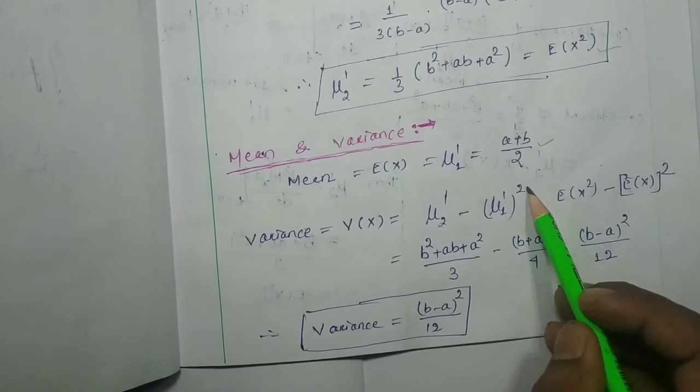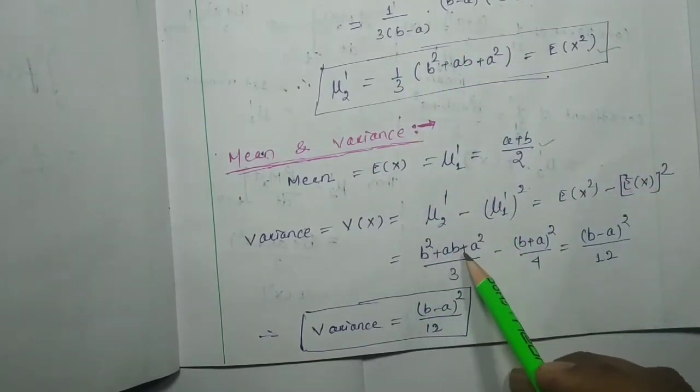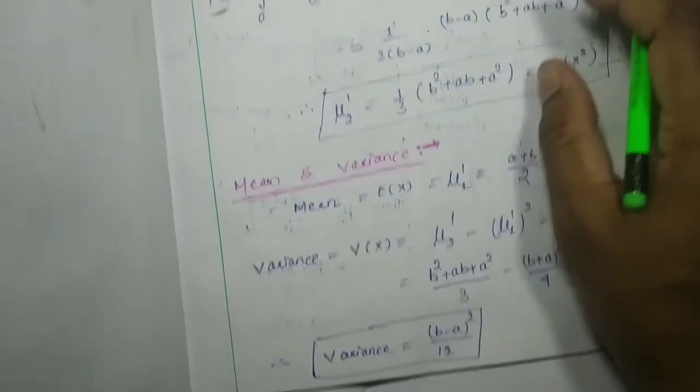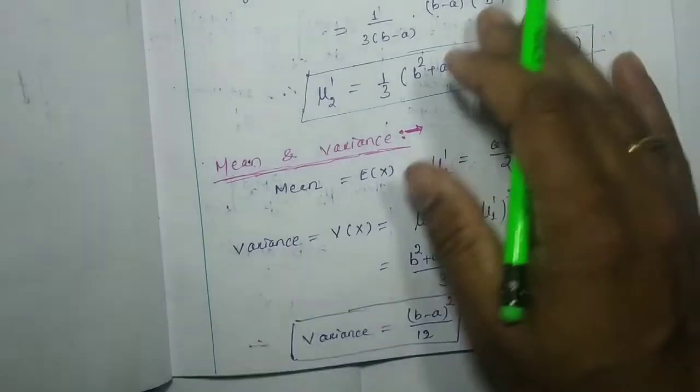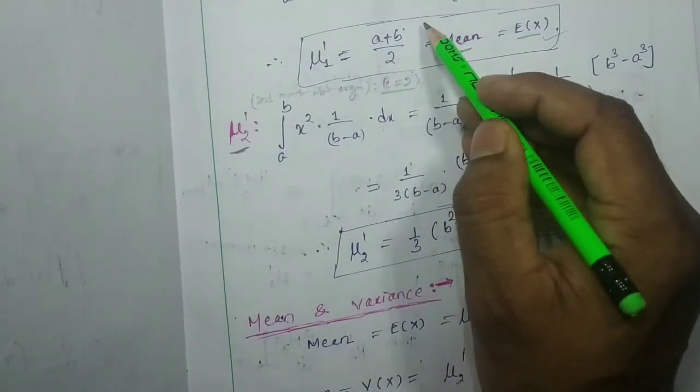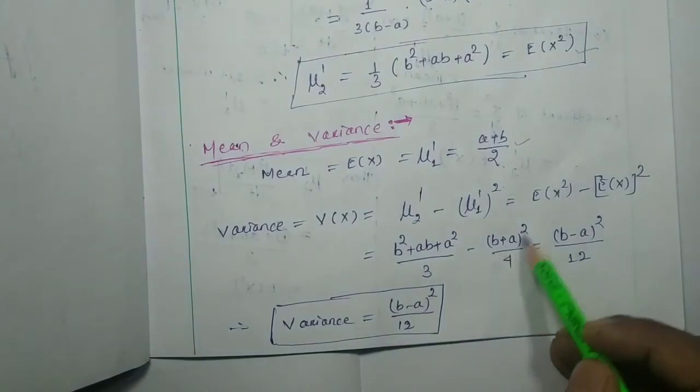Mu2 dash we found, and mu1 dash we found as (a plus b) by 2. So if we consider the whole square of this one, it will be (b plus a) whole square by 4.